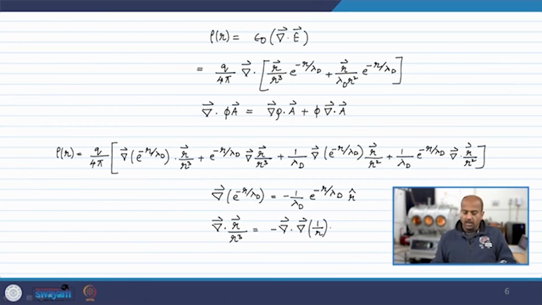Del of 1 by r is minus 1 by r cube. We are multiplying with r, so the vector will stay outside, which will be equal to the same thing, right. So, which can be written as del square of 1 by r. We know that del square of 1 by r is minus 4 pi times the Dirac delta function.